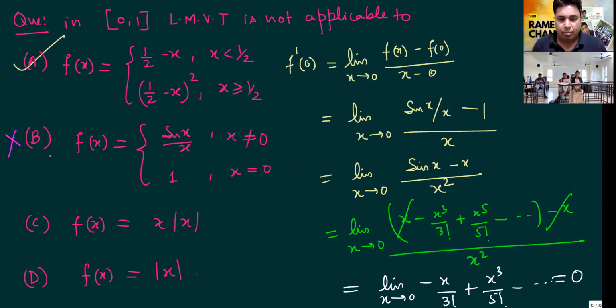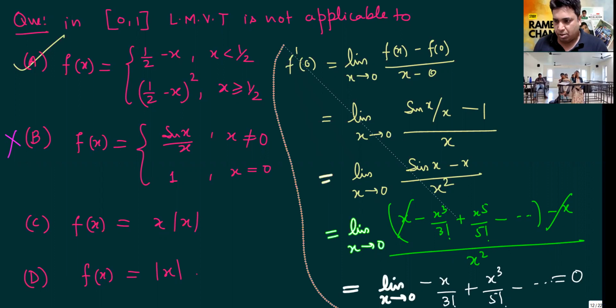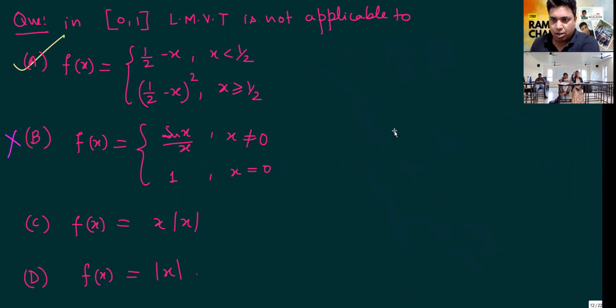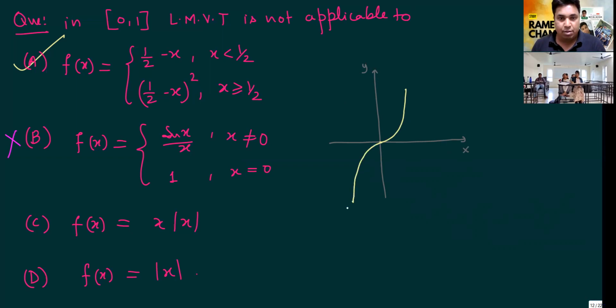No. Now what about C? Can anyone tell me, will LMVT work for the C option? Sir, for C it is applicable, sir. It is applicable. How do you know that? We are not applying anything, we are just plotting the graph. If we know the graph of the function, then it is very easy for us to say whether LMVT will be applicable or not.